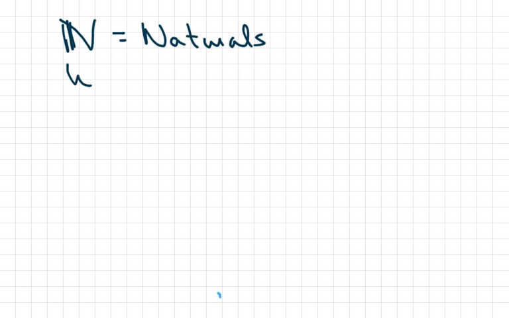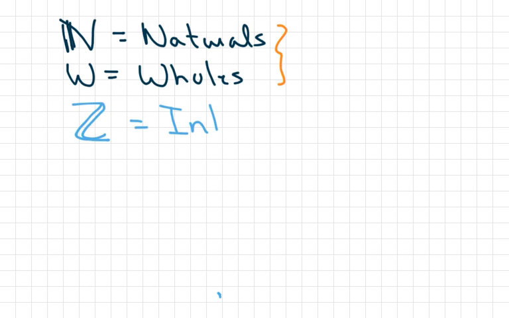W we usually don't use that much, or like I said, in some countries they call these two the same anyway. The integers, all right, which does include 0, and the way we would say that is 0 belongs to the set of integers.